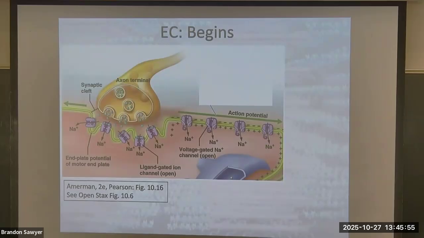But then with more, this is probably step 3 right here. This is step 2.